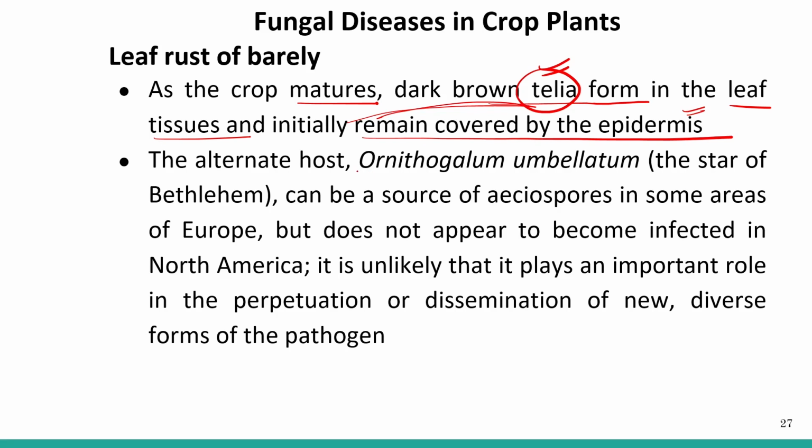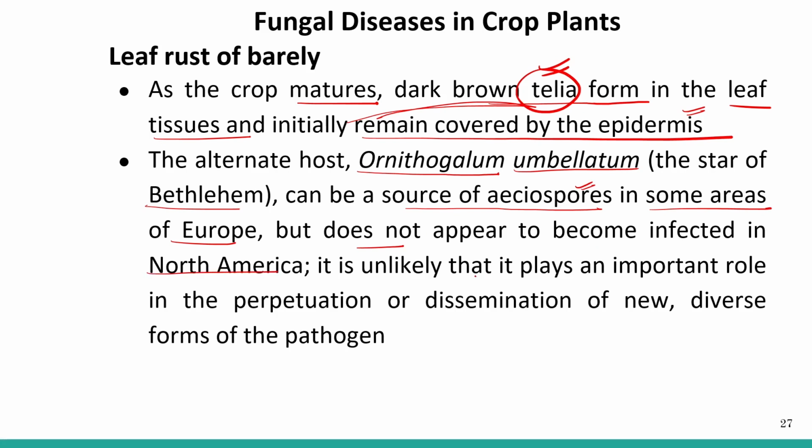The alternate host is Ornithogalum umbellatum, the star of Bethlehem. This is the common name and can be the source of aeciospores. So after teliospores, aeciospores appear in some areas of Europe, but do not appear and become infected in North America.